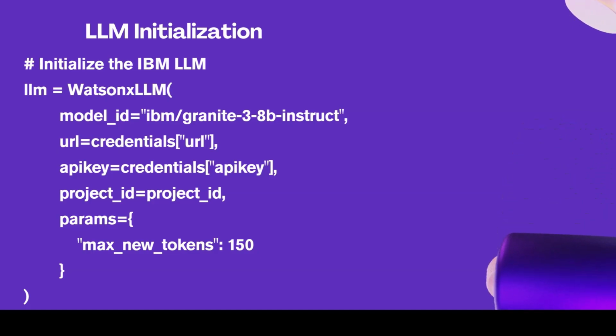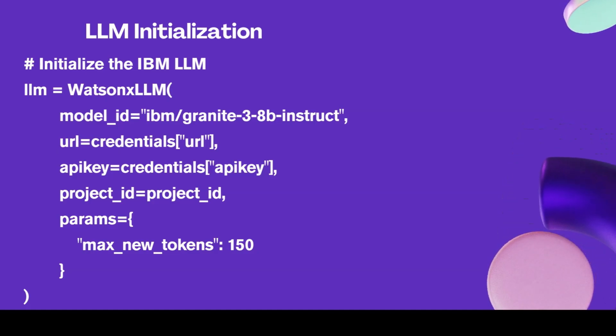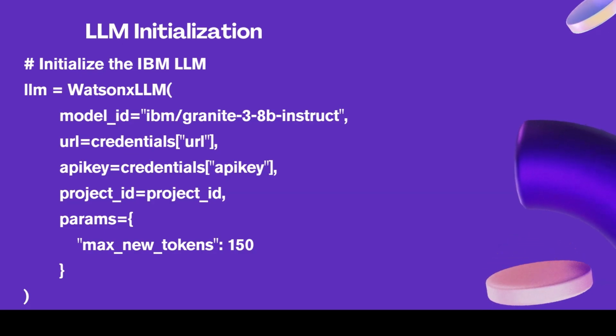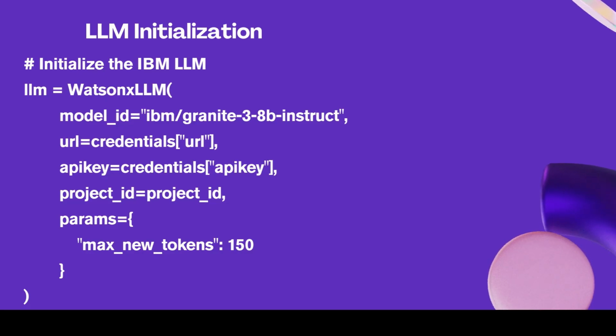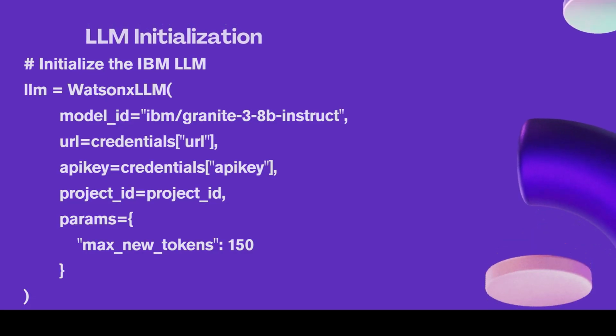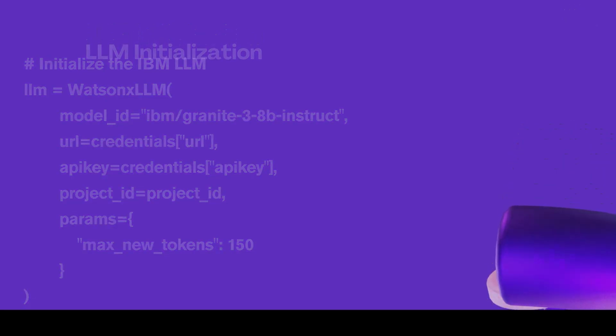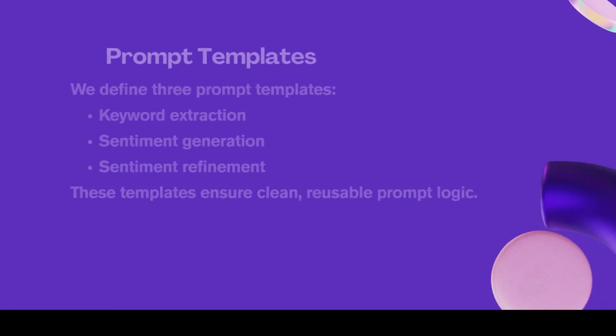Using the provided credentials and project ID, it sets the maximum number of new tokens to 150, which controls the length of the model's response. This prepares the LLM for our workflow.